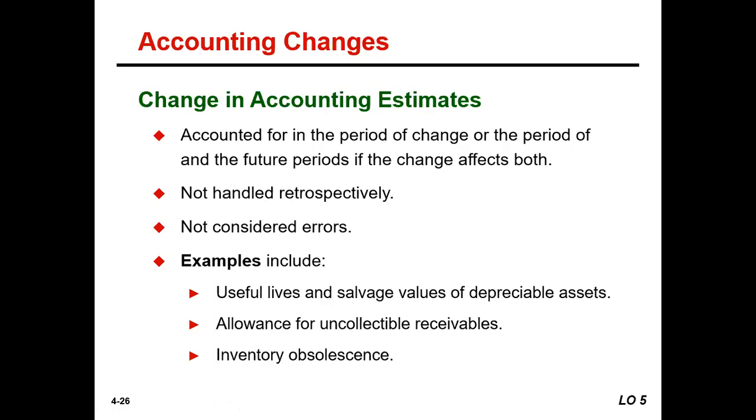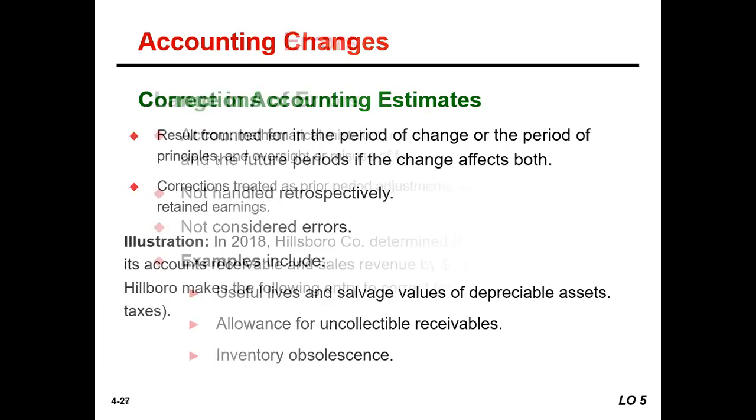Or if we estimated salvage value to be $5,000 and we didn't get that much for it, then we need to record more depreciation. Or if we estimated the allowance for bad debt to be $1,000, and we actually did not collect $2,000, then we need to adjust that bad debt expense. Whatever the case may be, right?